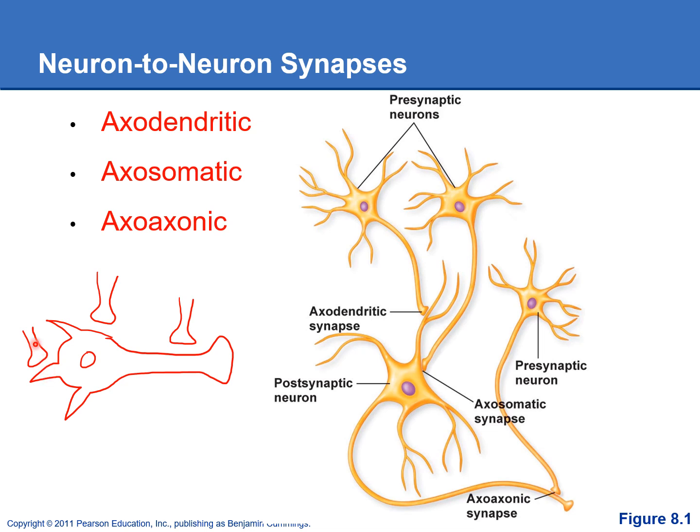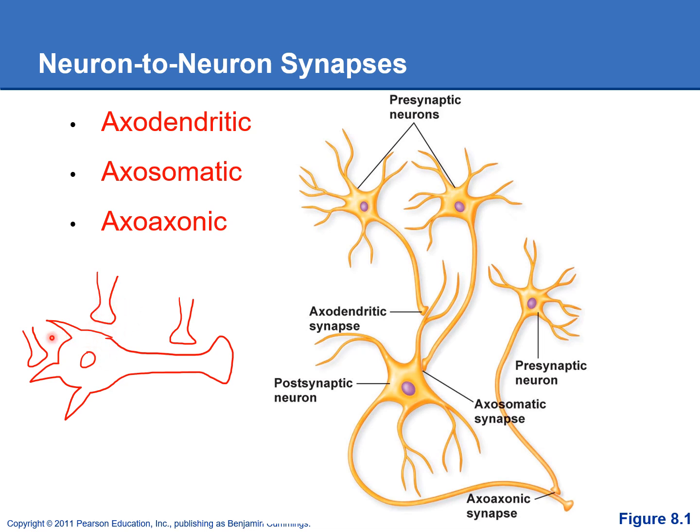So that one would be an axodendritic synapse. And then an axosomatic synapse occurs between the axon of the presynaptic neuron and the soma, or the cell body, of the postsynaptic neuron. So this would be an axosomatic synapse.